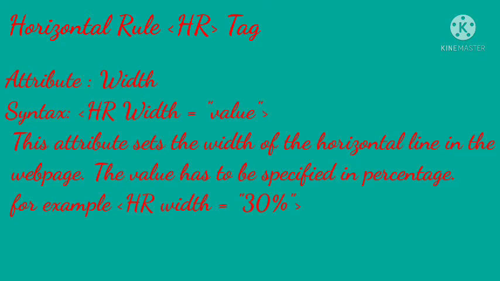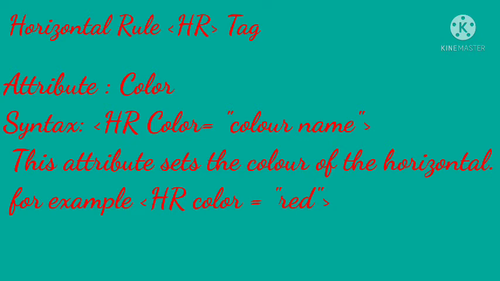The third attribute used in the HR tag is width, and it sets the width of the horizontal line. The value of the width has to be specified in percentage, and its syntax is HR width equal to value. The fourth attribute used in the HR tag is color, and it sets the color of the horizontal line, and its syntax is HR color equal to color name.